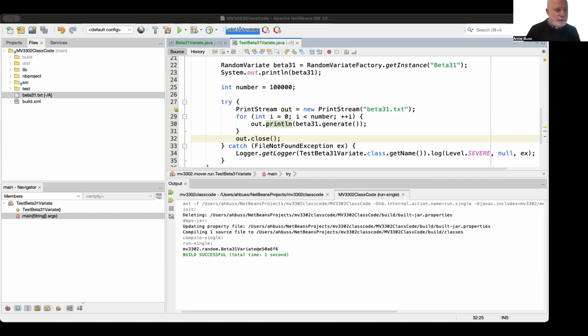Okay, and that's the histogram of this. Hopefully it worked. Let's see.